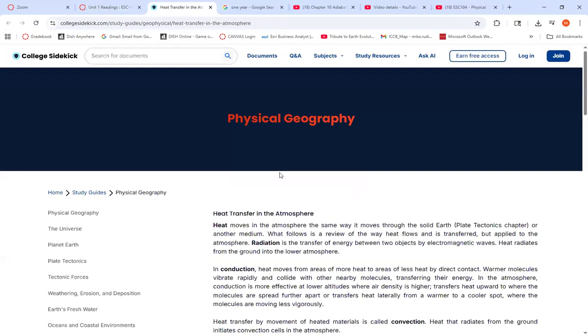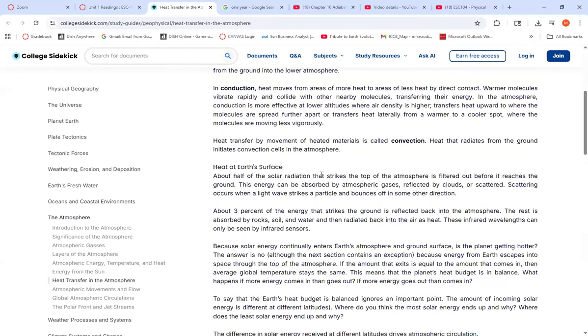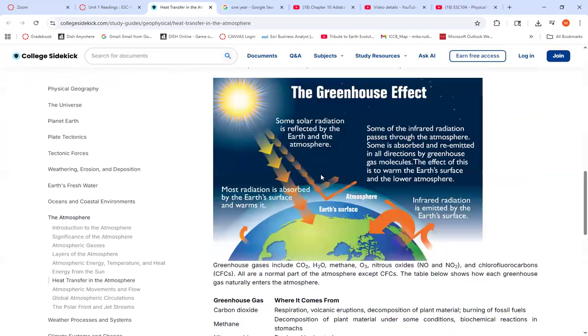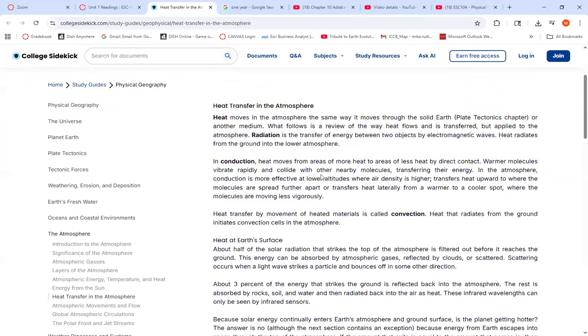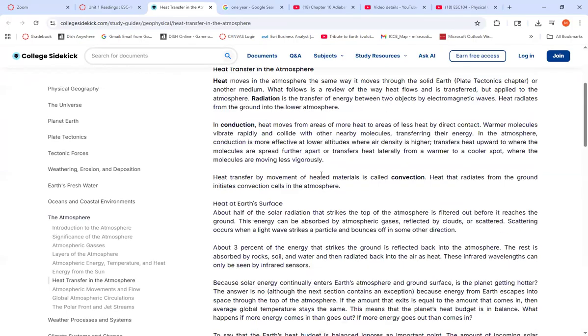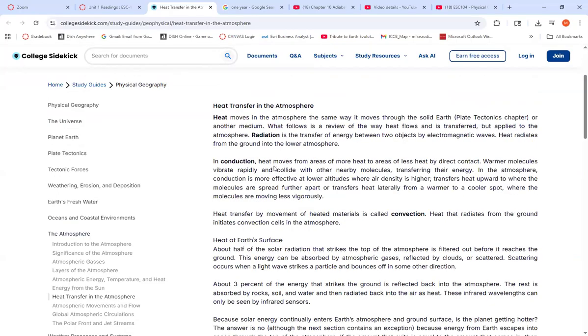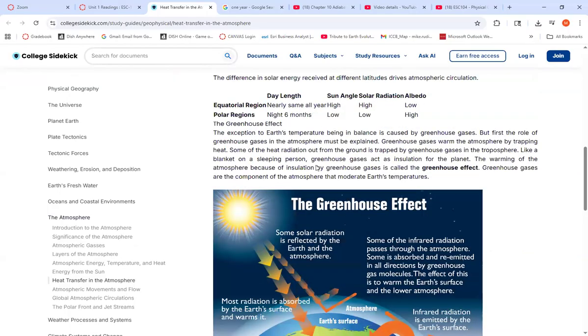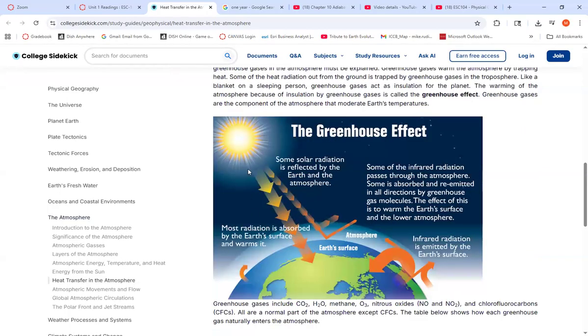The last video here explains that because the Earth is heated differently and some areas get more energy than others, heat moves constantly from areas where there are more concentrations of energy to areas where there is less. In this diagram, we're going to see how short-wave radiation comes in from the sun and how long-wave radiation moves out.